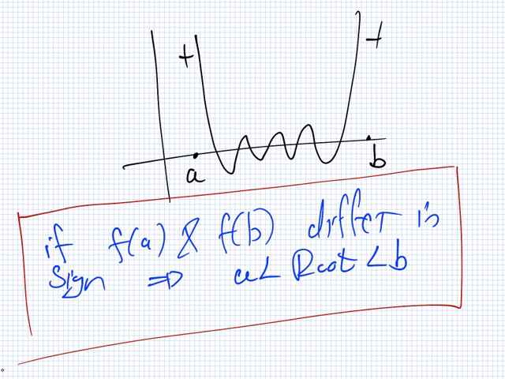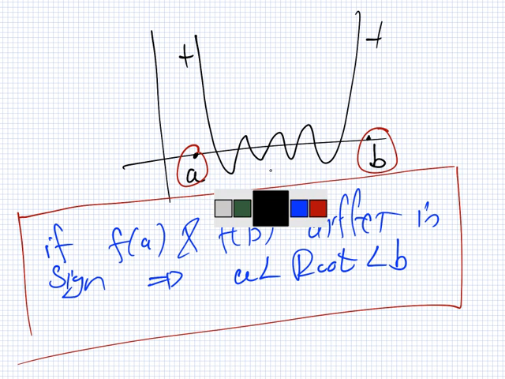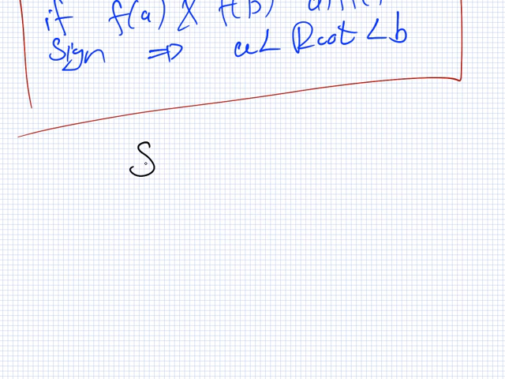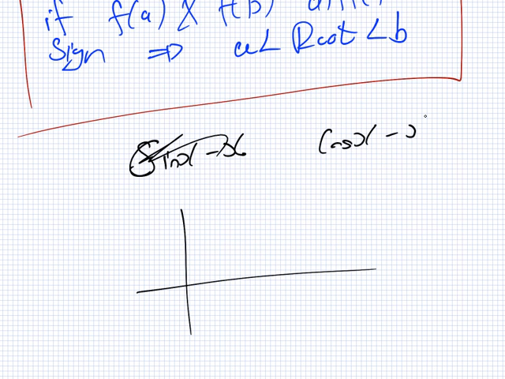But as somebody said a moment ago, you need to have at least some idea of where to pick your A and B, roughly. So for example, in my question with cos x minus x, if I put x as 0, I get 1. And if I use 1, what do I get? What's cos 1 minus 1, please?